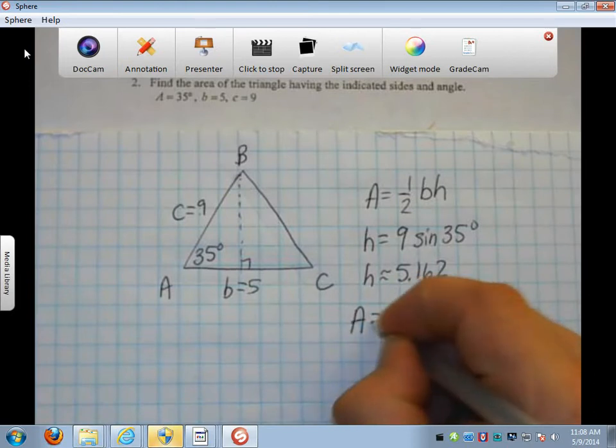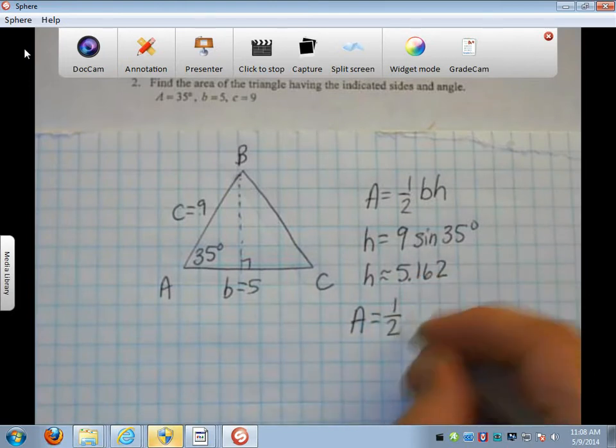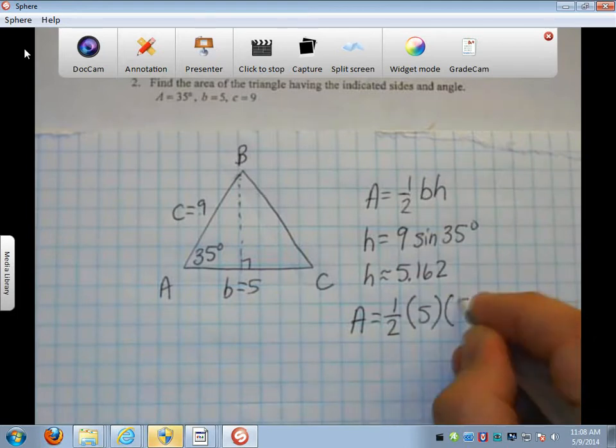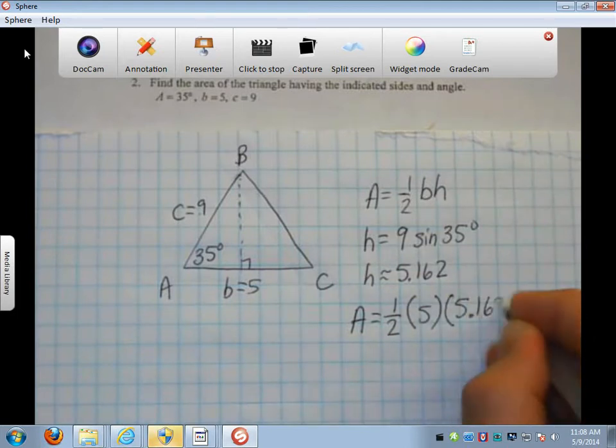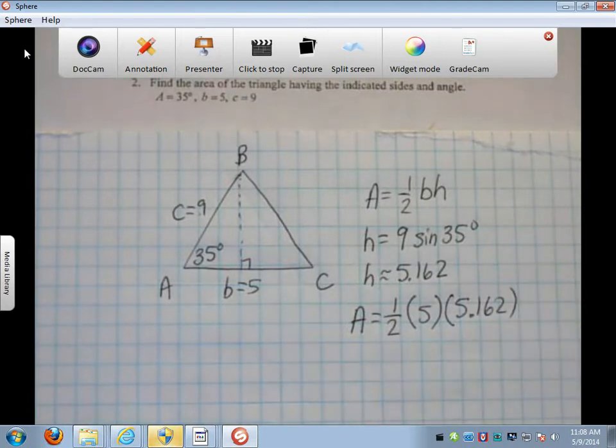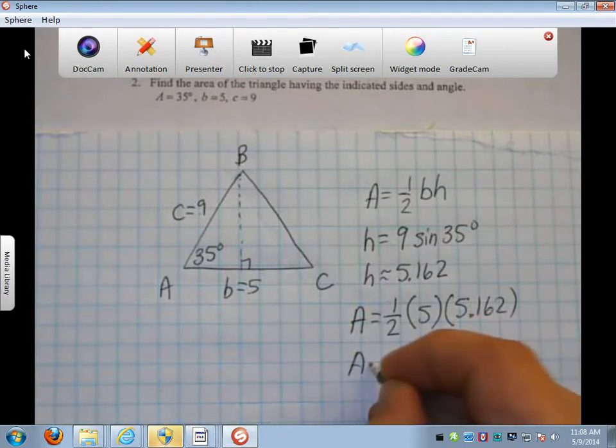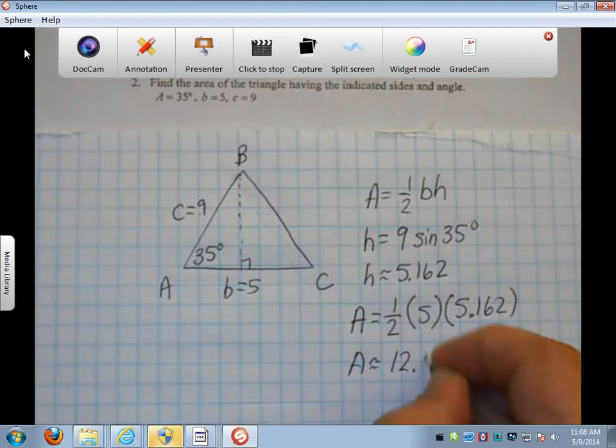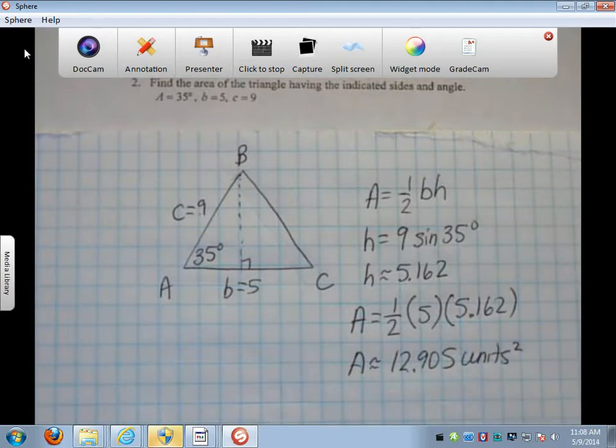So area equals 1/2 times the base, 5, times the height of about 5.162. And so the area is approximately 12.905 units squared.